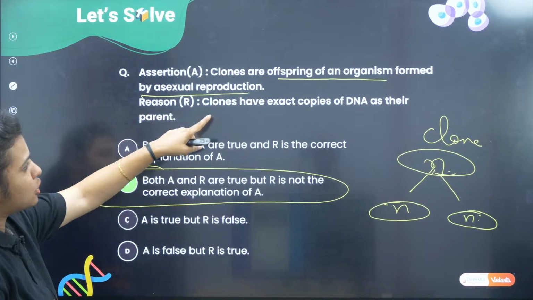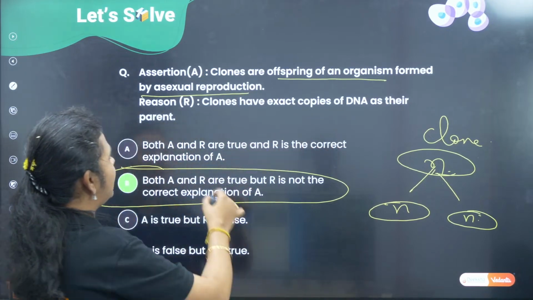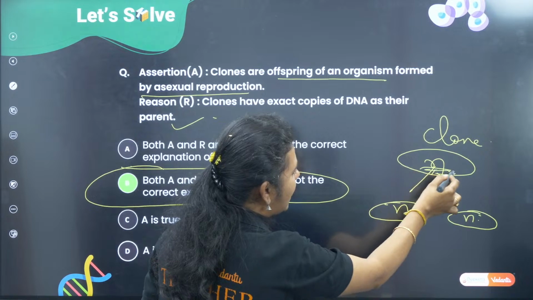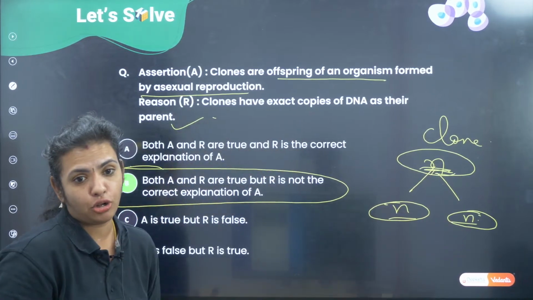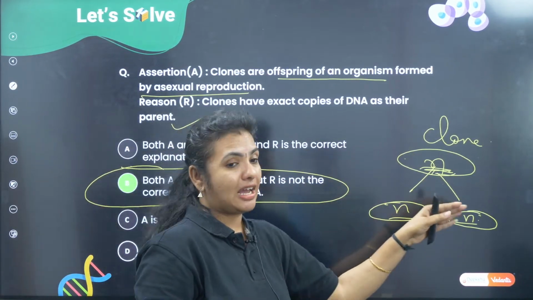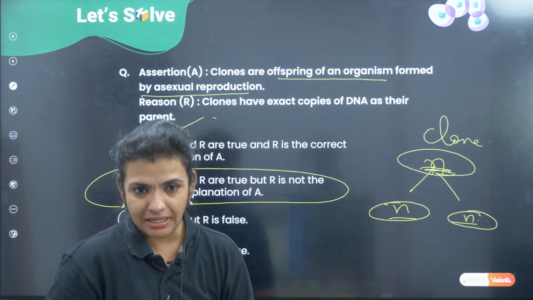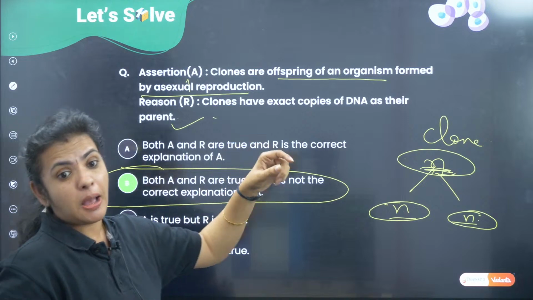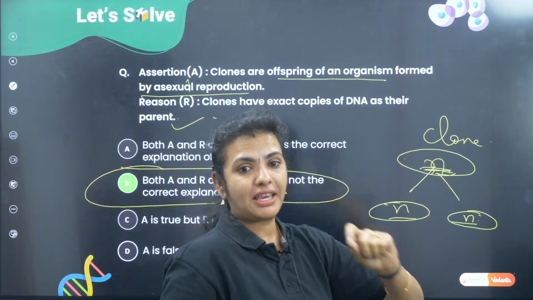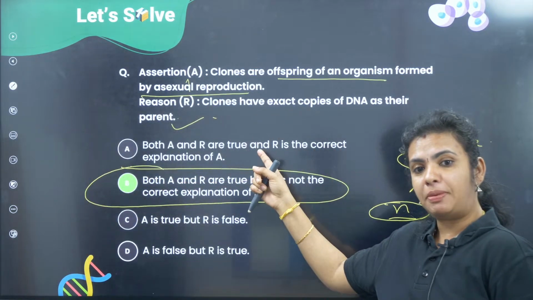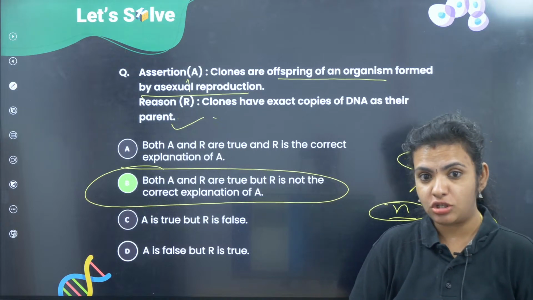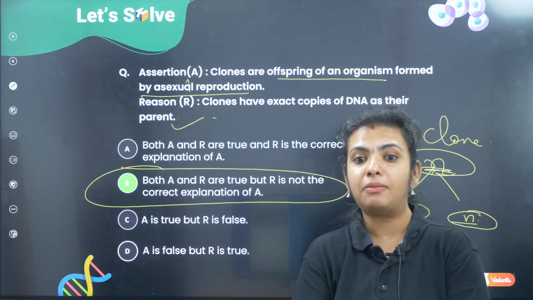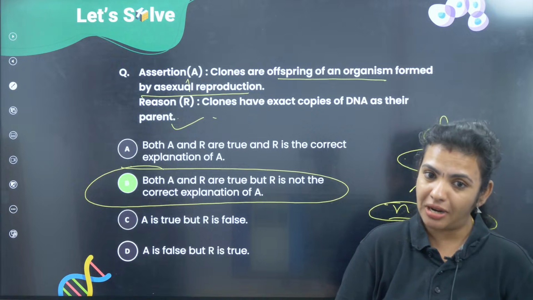The reason says clones have exact copies of DNA as that of their parent. Correct. Here I have haploid, here also haploid. Let's say it's 2 here, they also will have 2 and 2. But is the reason giving an explanation of by what kind of mechanism this particular organism reproduced to give this much number of DNA? They have not mentioned.